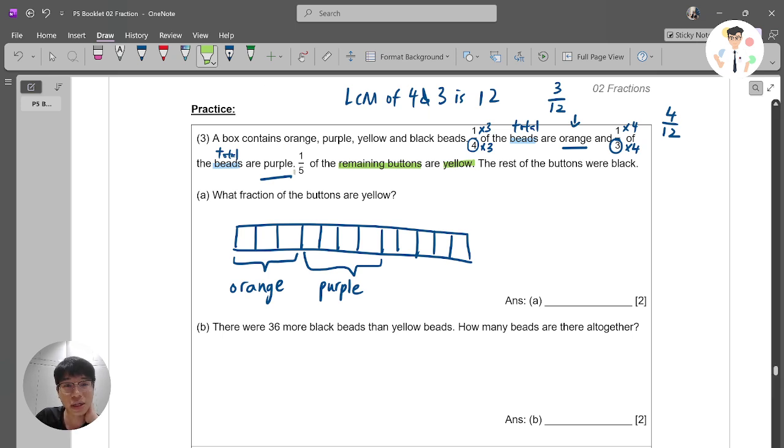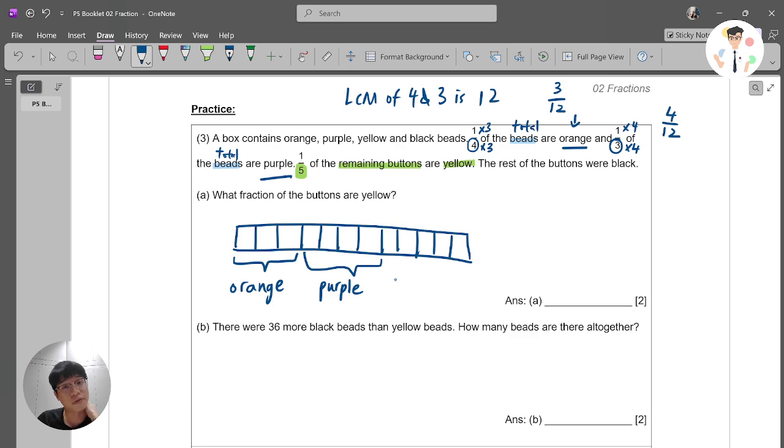So the remaining has 5 units. Let's check first: 1, 2, 3, 4, 5. Okay, that makes sense, right? Out of these 5, how many are yellow? Only 1. So this is yellow, and the rest of this will be black.